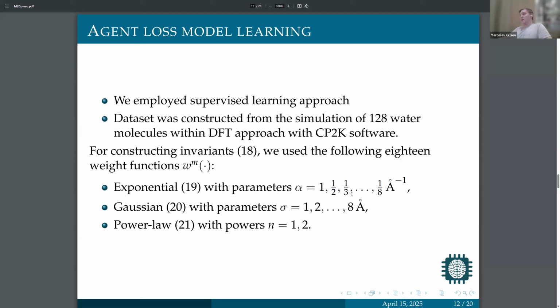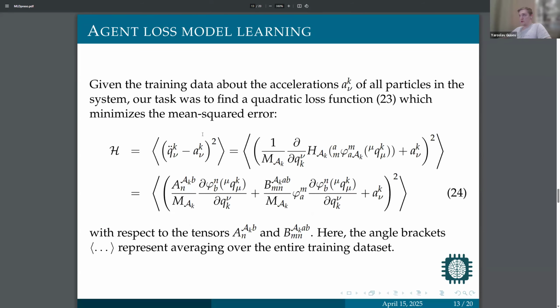And so we may then proceed with the process of invariant or feature selection, meaning that we may drop some weight functions, some invariants essentially, that do not give you a better prediction of accelerations. And so this is how we train.